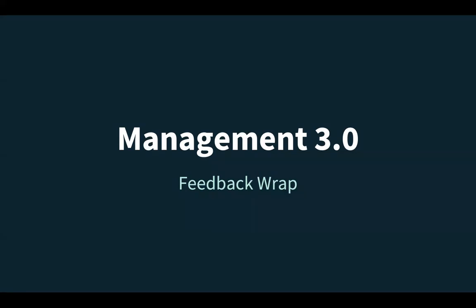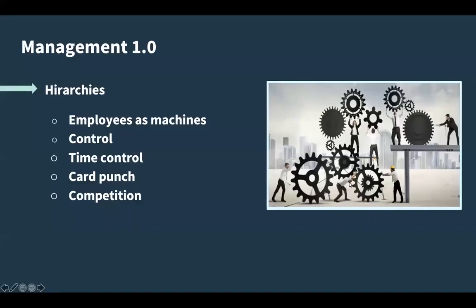So I'm going to be, again, talking about Management 3.0, and later I'm going to be talking specifically about the feedback graph, which I think is something that we all can profit from. Okay, so I'm going to give you a quick introduction to different types of management styles.